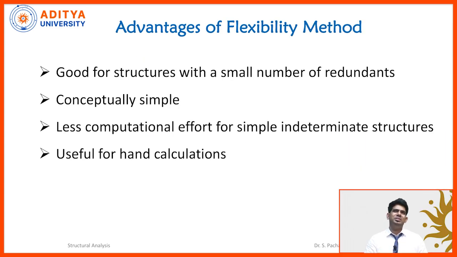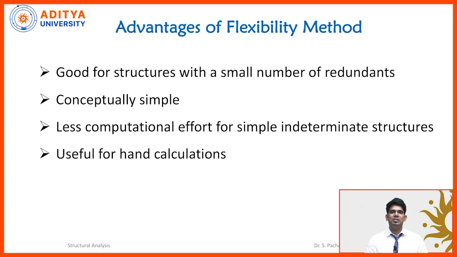And what are the advantages of the flexibility matrix method? Flexibility matrix also has some advantages, but we are not using this method prevalently for computer programming, because it has some major disadvantages also. But let us discuss the advantages. Good for structures with a small number of redundants. This is a major disadvantage also. Why? Because when dealing with complex structures, we cannot go for the flexibility matrix method.